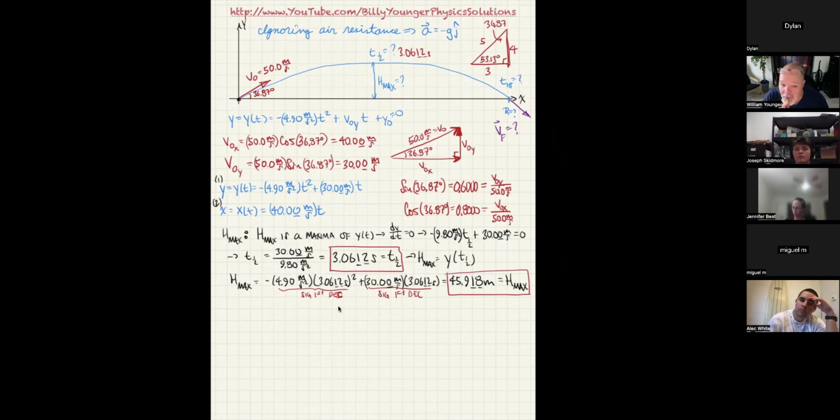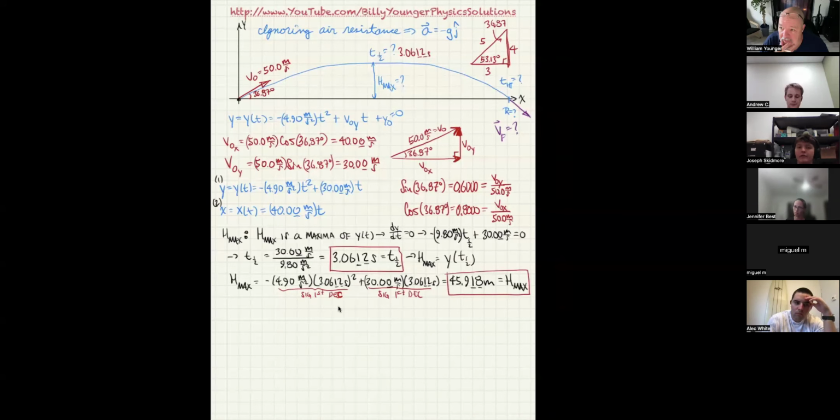How would we find the vertical component of velocity when we just have y of t? Anybody? I'll get you in a second, Dylan. Using sine and cosine of whatever angle to find it? Yeah, we actually already did that part initially, finding the initial one, but I've got y as a function of t now.